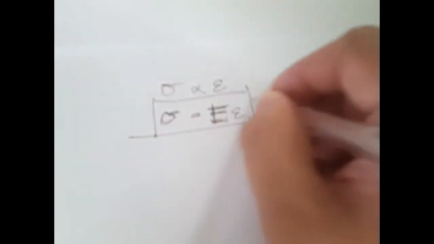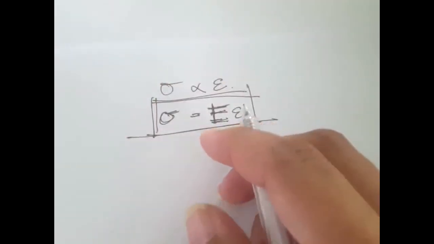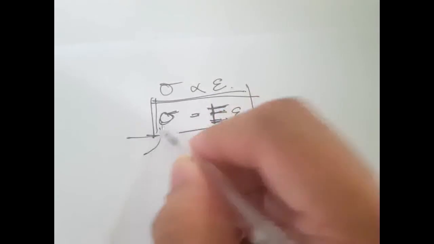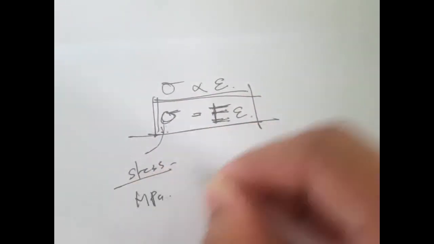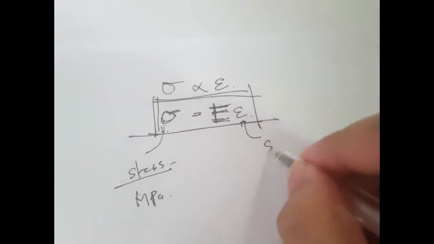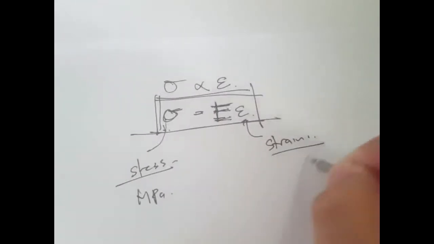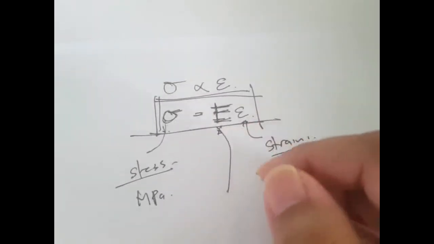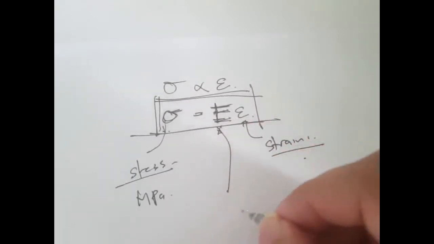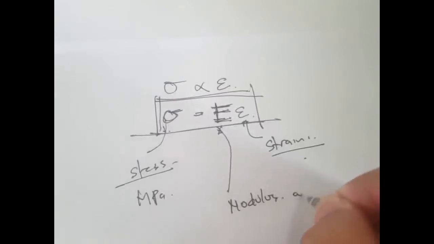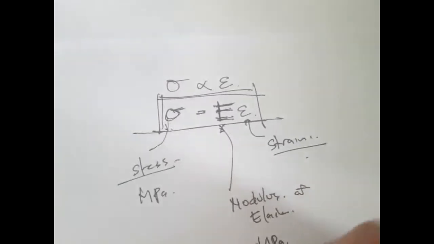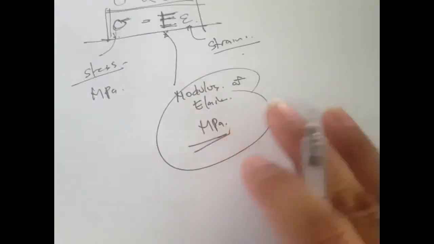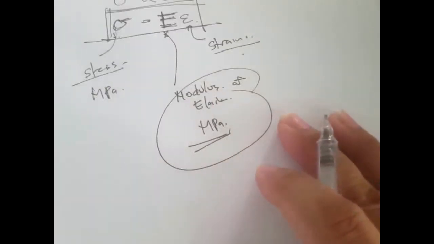So here's our force deformation relationship. Here's our stress, and the unit of stress is megapascals, and this is unitless strain. The modulus of elasticity is a property of the material, also in megapascals, and you can obtain this from the tables.